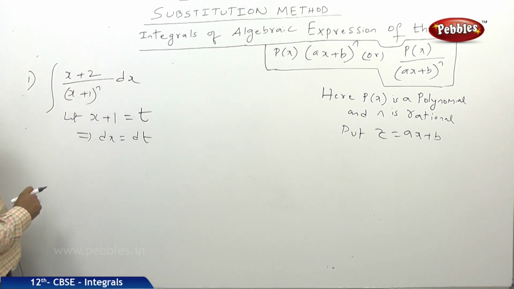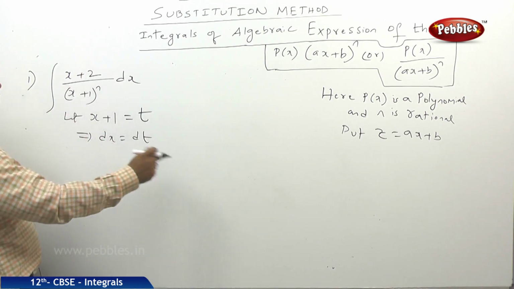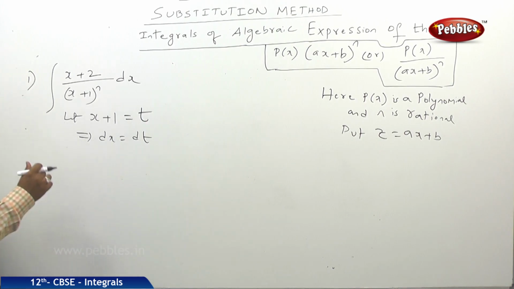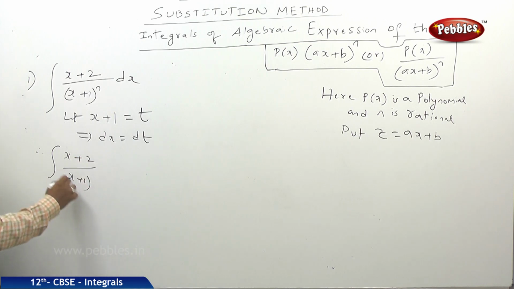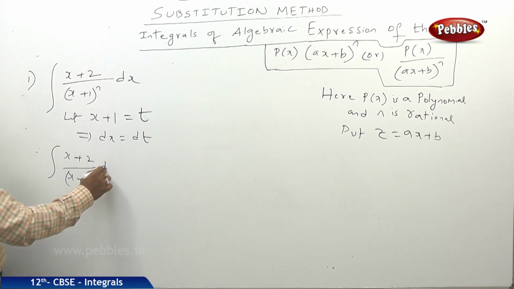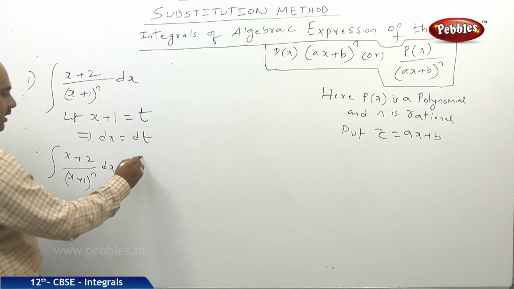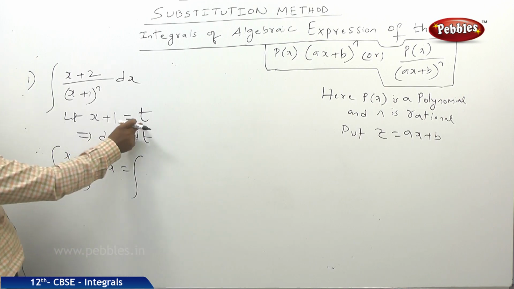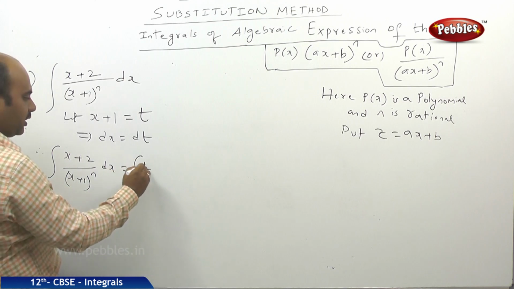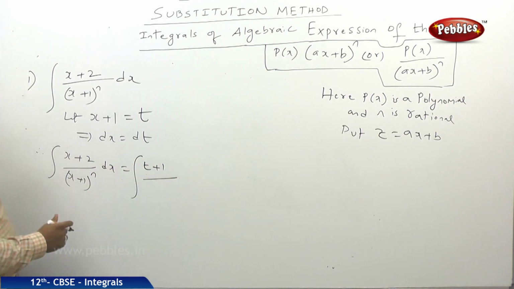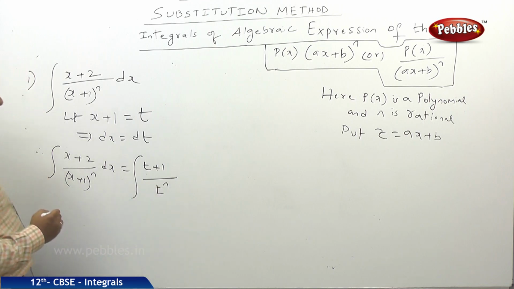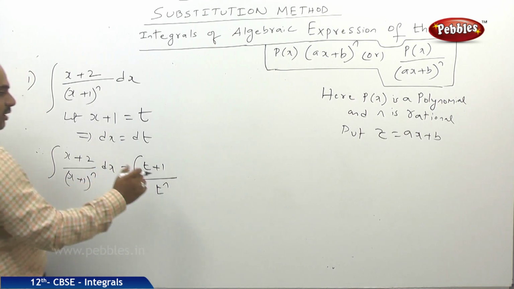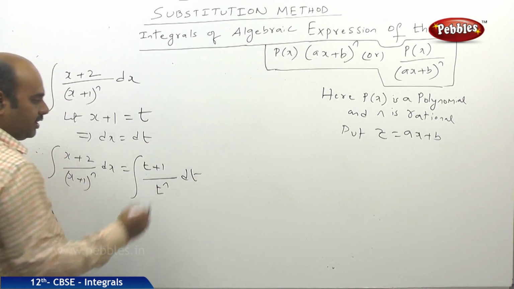But here x plus 2 is there, 2 can be written as 1 plus 1, there is no loss for us. Therefore integral of x plus 2 by x plus 1 whole power n dx can be written as, x plus 1 we called t, so x plus 2 becomes t plus 1 divided by t power n, and in place of dx we need to write dt.